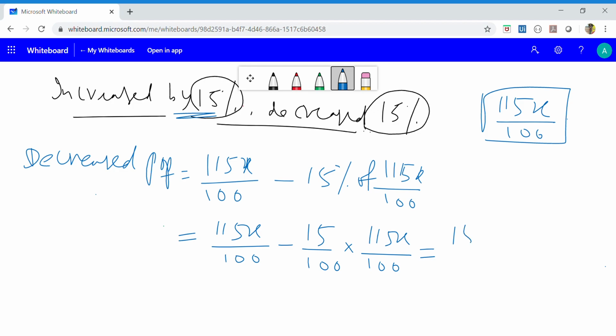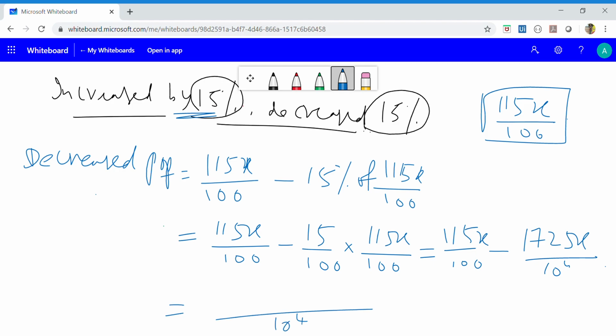On simplification, 115x by 100 minus 15 into 115 is 1725x by 10 to the power of 4, that is 10,000. By taking LCM, you get 10 to the power of 4 in the denominator.